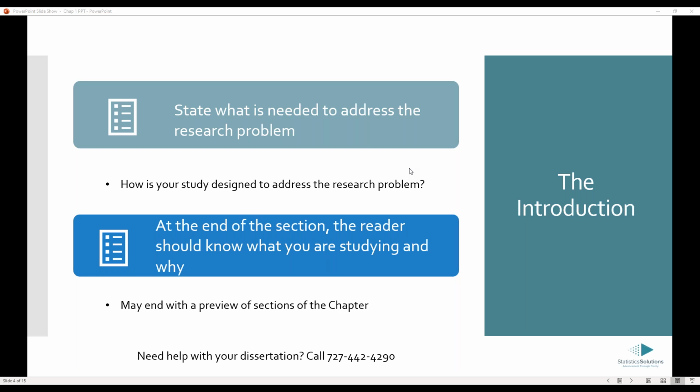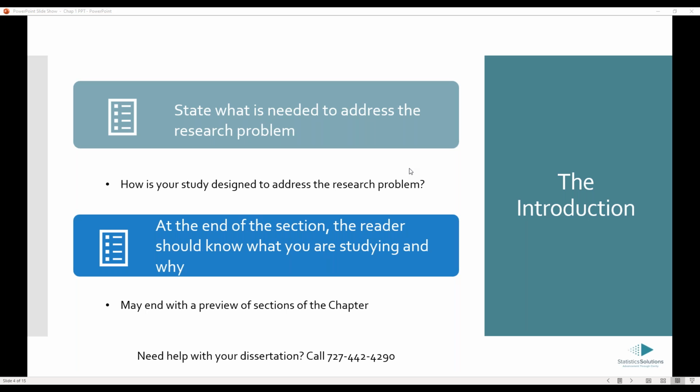Okay, still part of the introduction to Chapter 1. State what is needed to address the research problem. How is your study designed to address the research problem? And so at the end of the section, you introduce the organizational problem, discuss that a little bit, and anchor it with some statistics or observations from the research.